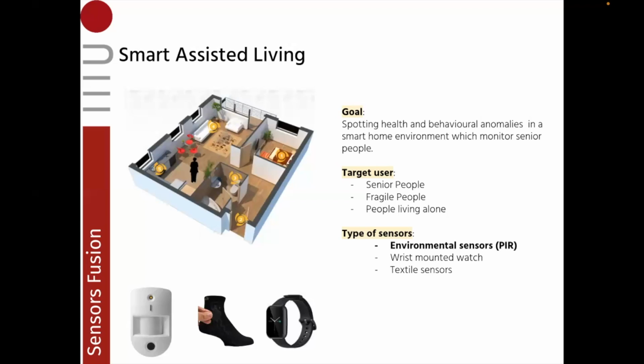Actually, what can be done in a more advanced way is integrating these environmental sensors with other types of sensors, such as a smartwatch and, for example, a textile sensor like smart socks, to have a complete track of all the activity the senior person has done all over the day and all over the time that has been monitored.